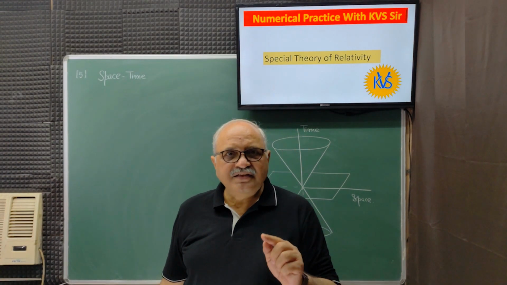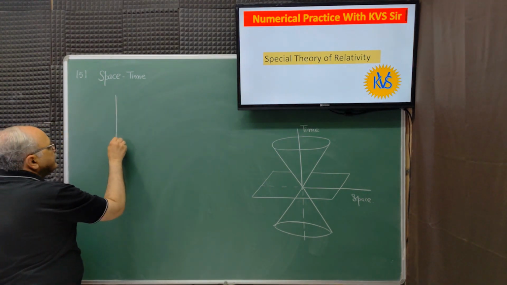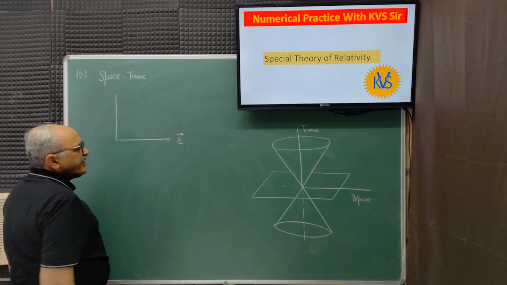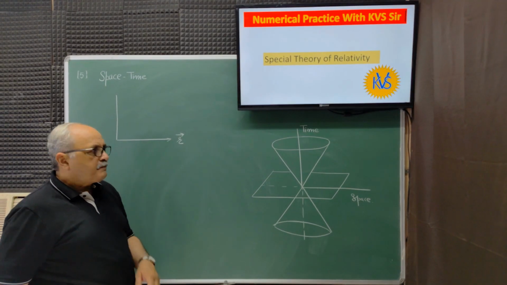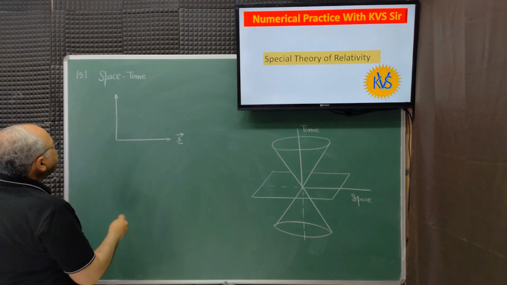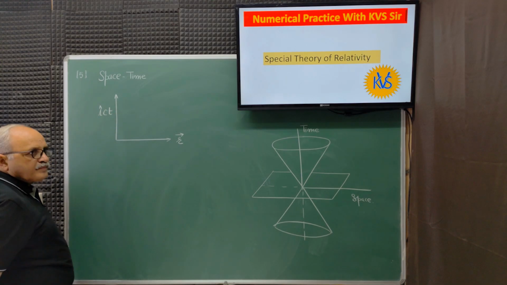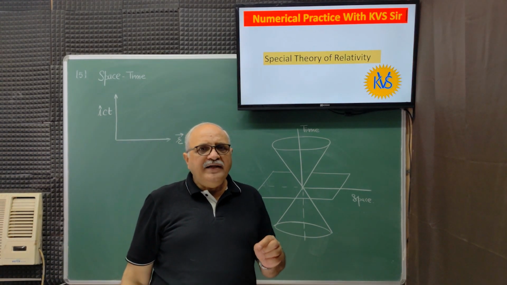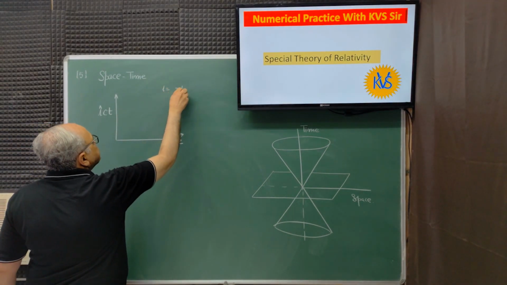Let's look at this in a simple way. Let me take this axis representing the space coordinate or the space vector, whereas this represents the time. Normally this is given as i c t, where c is the velocity of light, t is the time, and i is iota, which is the square root of minus 1.